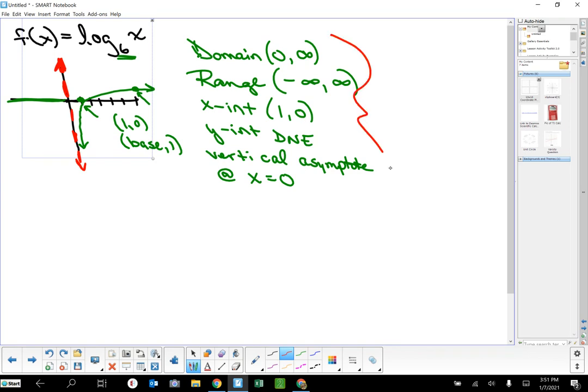All right, and then here's another little statement. These are true unless there is a transformation. Then the domain may change.